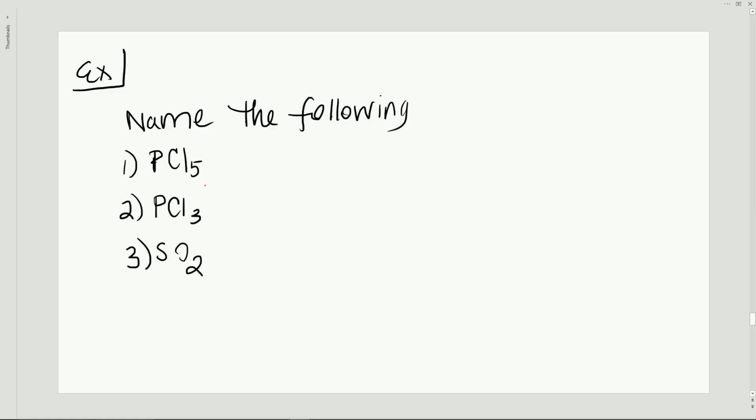Okay, so the first one, we have 1 atom of phosphorus. So phosphorus, there's no mono. Since we only have 1, we don't use the prefix. And then we have 5 chlorine atoms. So penta is 5, chloride. Next one is still phosphorus, and we only have 1.